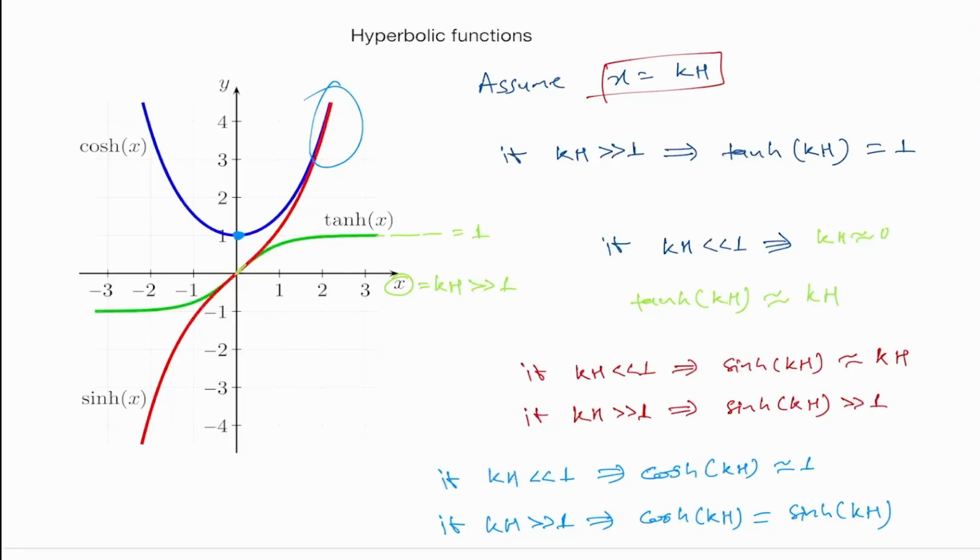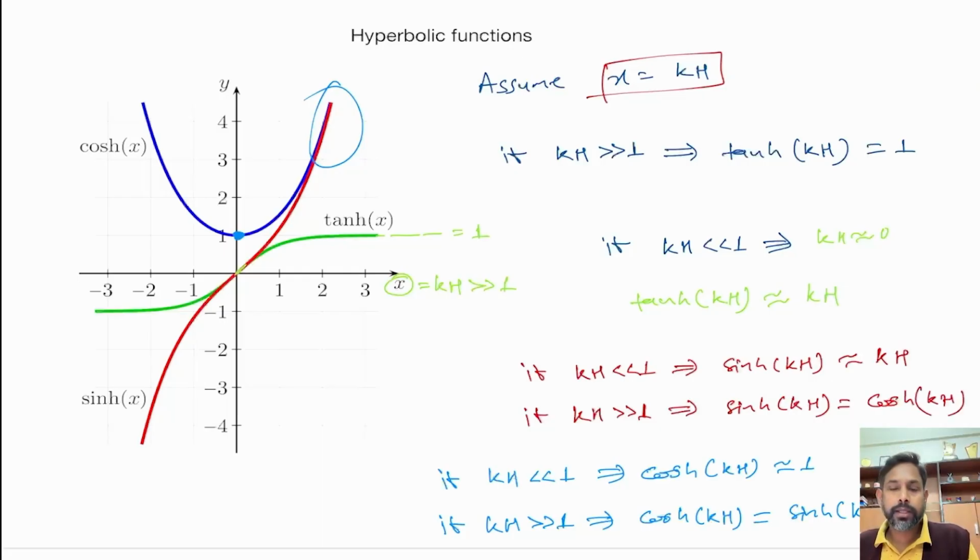Instead of writing this equal to greater than 1, I think I should consider this to be equal to cosh of kh, okay. So these are different functions we have, and these are different limits. If kh becomes much greater than 1 or much smaller than 1, what are the values? And now we are going to use these values in our solution.